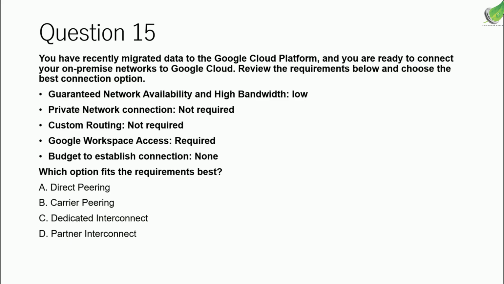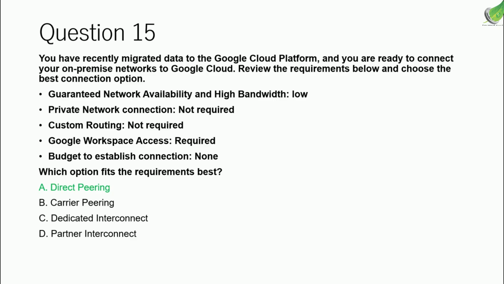First, is it free? Yes, direct peering itself is free. You only pay for your own costs to get to one of Google's peering locations. Is a private connection required? No, and direct peering connects you to Google's public network edge, which is exactly what we need. Does it provide access to Google Workspace? Yes, because it connects you to Google's public services.